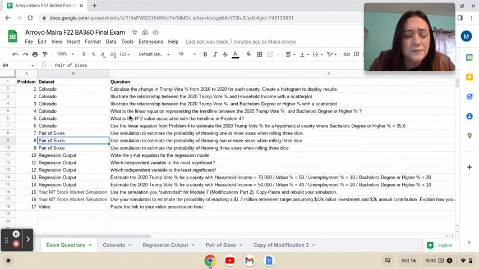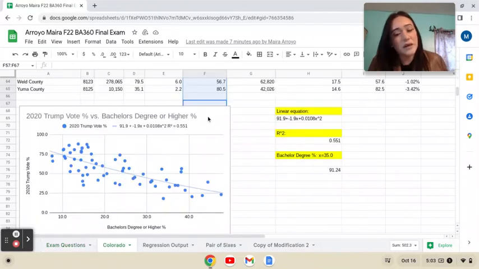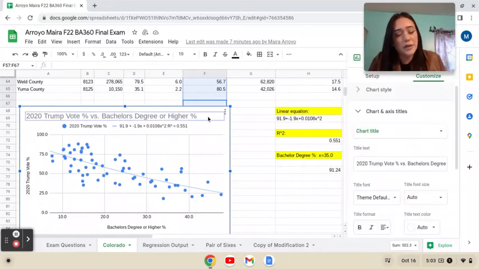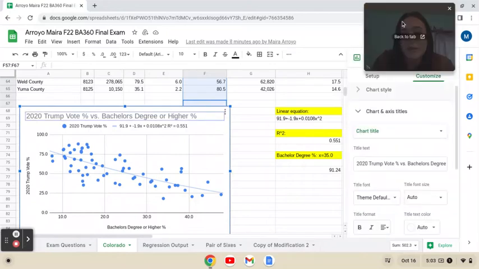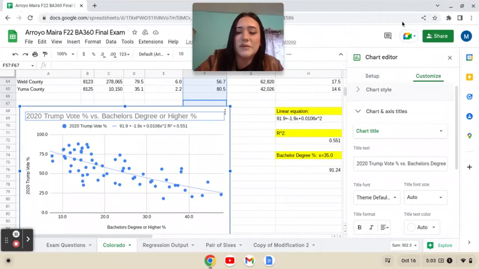Number 4 is what is the linear equation representing the trend line between the 2020 Trump vote percentage and the bachelor degrees. To get my trend line, after I had my scatter plot, I clicked on it twice, and then let me move this over a second.